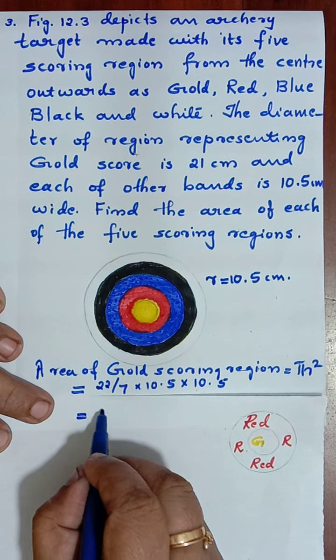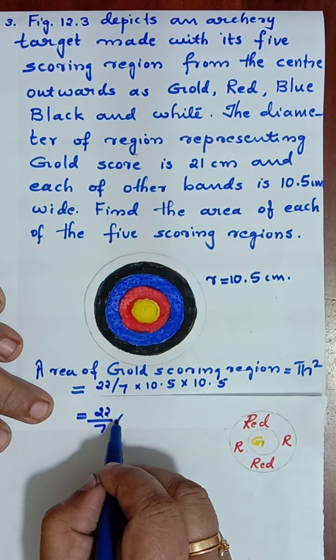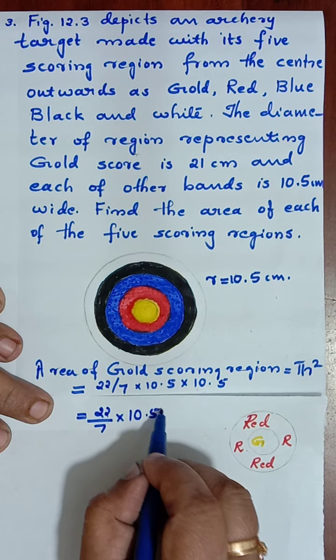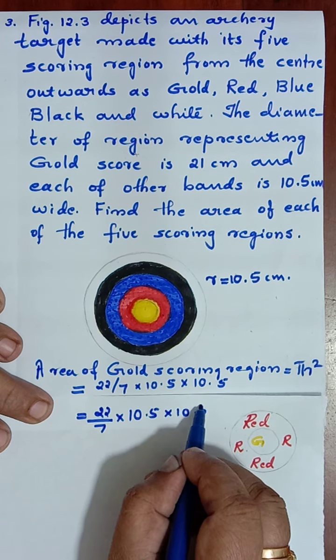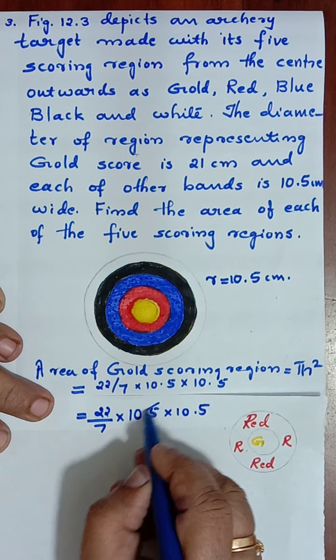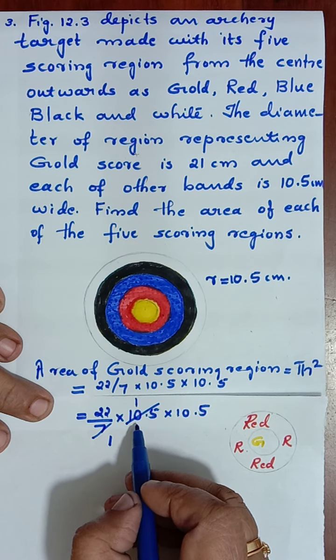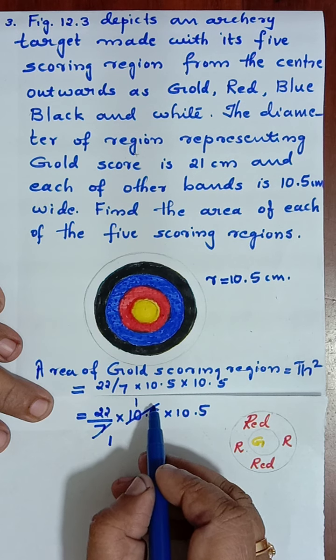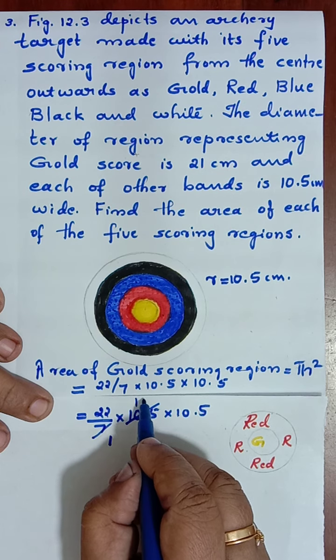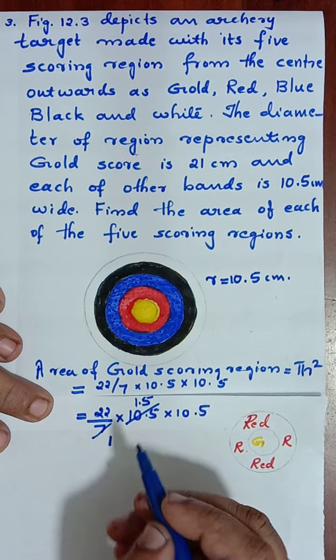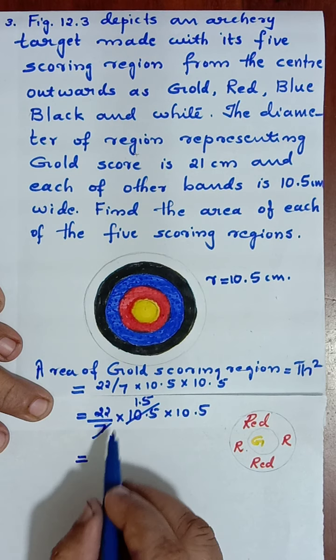So how to calculate 22 by 7 into 10.5? We can cancel. Then we have to multiply by 10.5 again. How to cancel? 1 time, this is 1 times 7, 3 remainder, 3.5. 3.5 means 7 5s are 35. Give the decimal. Now we are going to multiply this.